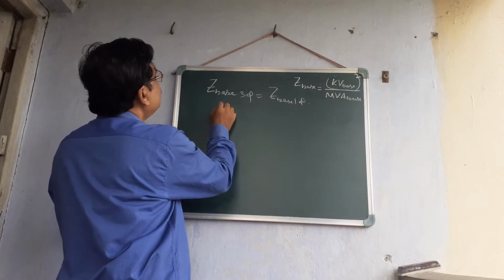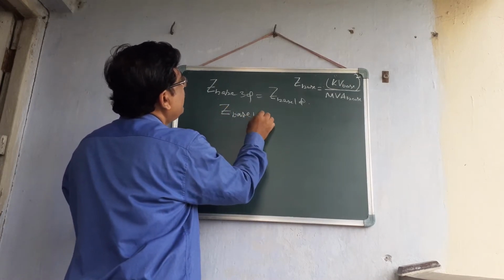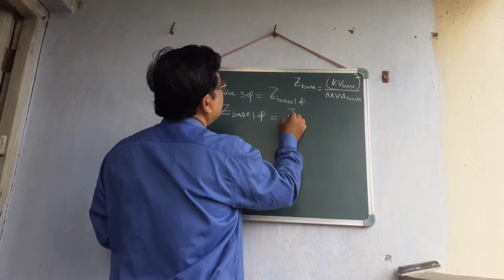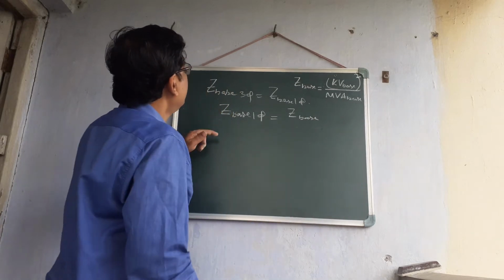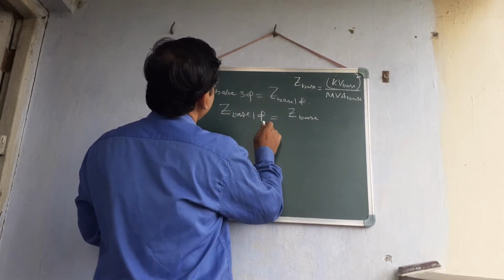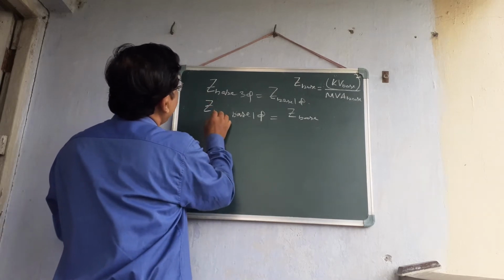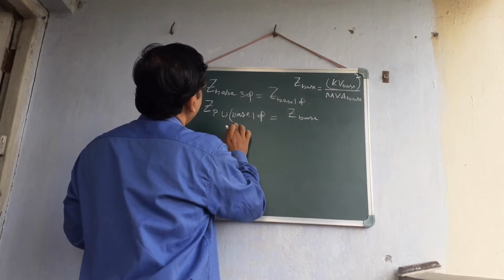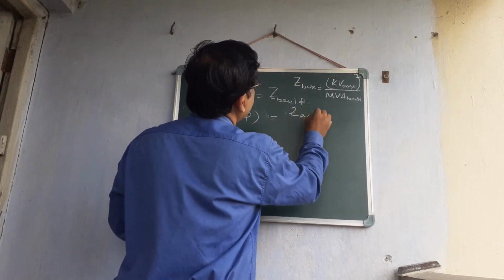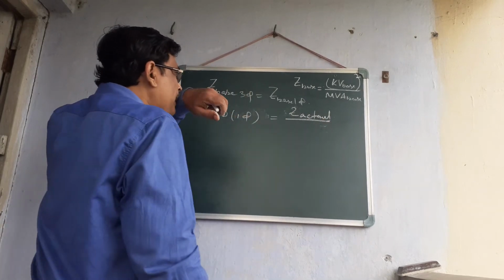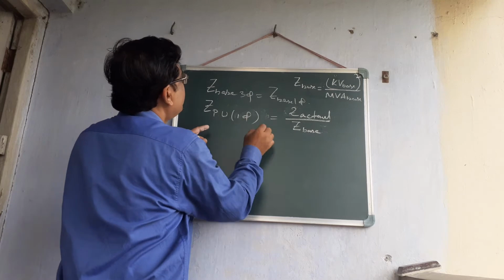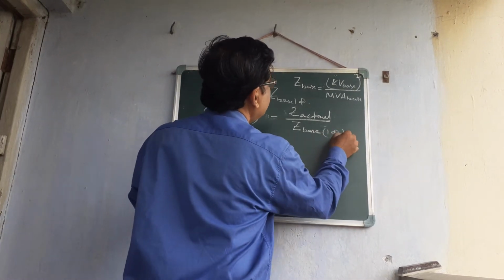Now Z base of single-phase system. Before that we have to do Z per unit of single-phase system, which is equal to Z actual by Z base in the single-phase system.